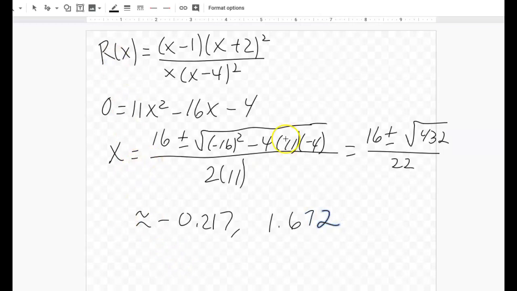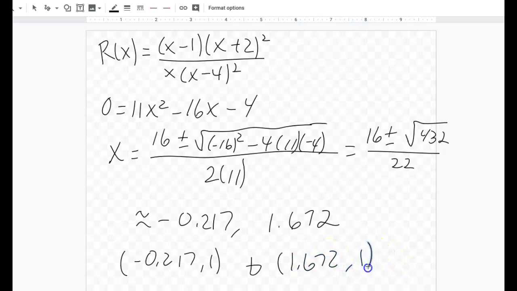So all this work is telling us that another point on our graph is going to be negative 0.217, 1 and 1.672, 1, because this is where the curve is going to cross the horizontal asymptote at these ordered pairs.